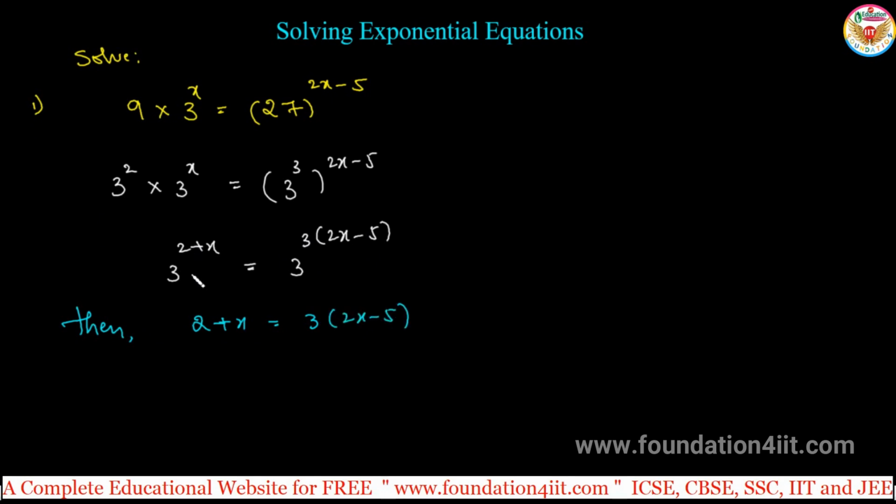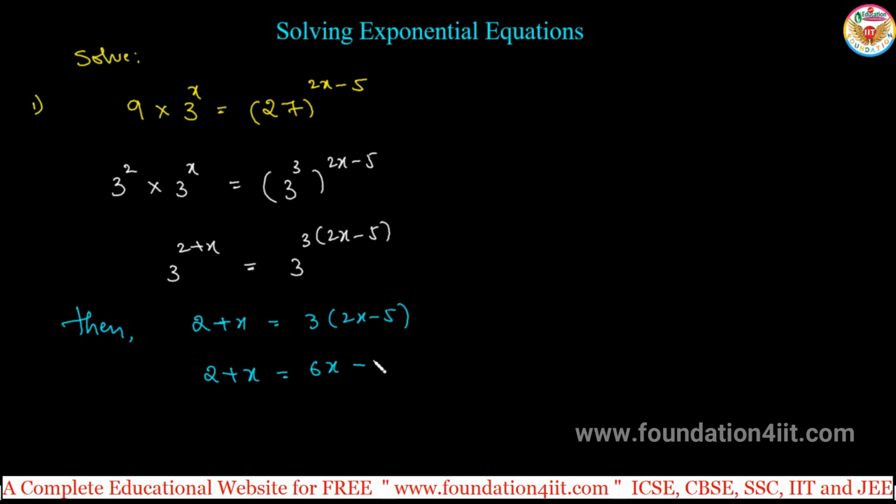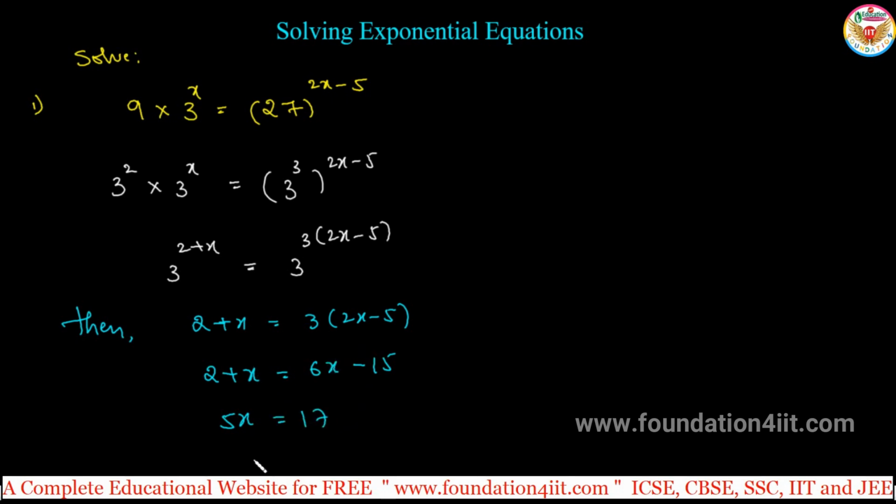This is the formula: when a^m equals a^n, then m equals n. Whenever the base is the same, equate the powers. So 2 plus x is equal to 6x minus 15. Take x terms to one side: 5x equals 17. Then x is equal to 17 divided by 5, which is 3 2/5 in mixed fraction.